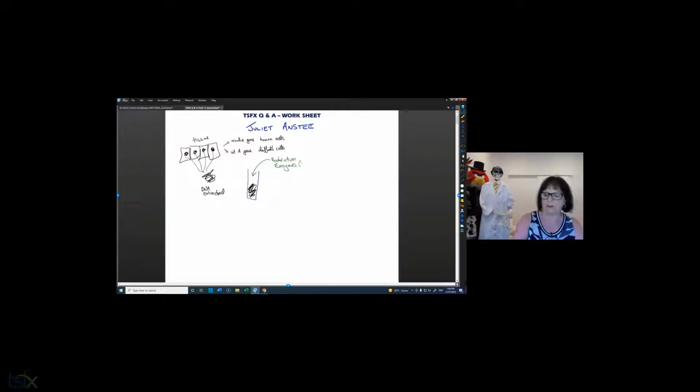Which I usually abbreviate to RE. That is not an official abbreviation. RE is just Juliet's abbreviation. So we work out the specific one that we need because it has a particular recognition site, which is going to get our DNA molecule.